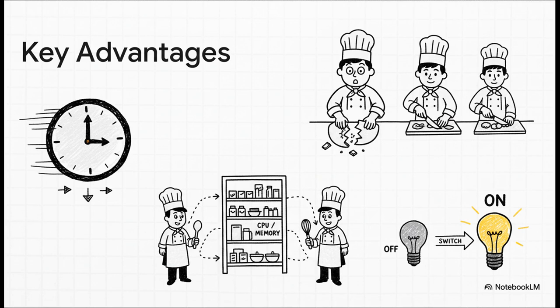First, you save a ton of time, obviously. But second, and this is really important, if one cook or one thread makes a mistake, like dropping a bowl of ingredients, the others can just keep on working. That independence is what makes apps robust. And finally, they're all sharing the same kitchen resources, the CPU, the memory, which makes the whole operation incredibly efficient.